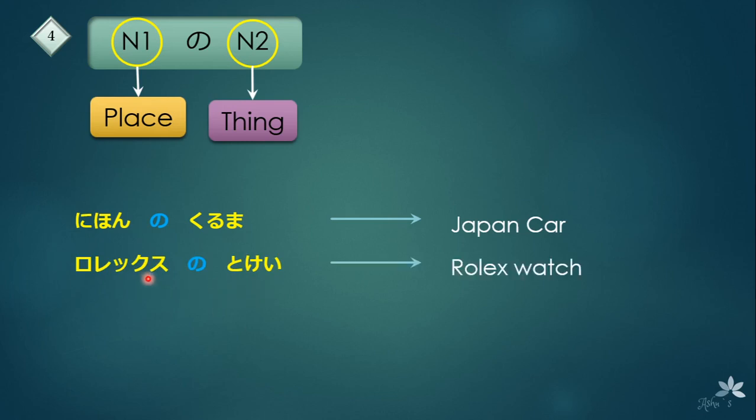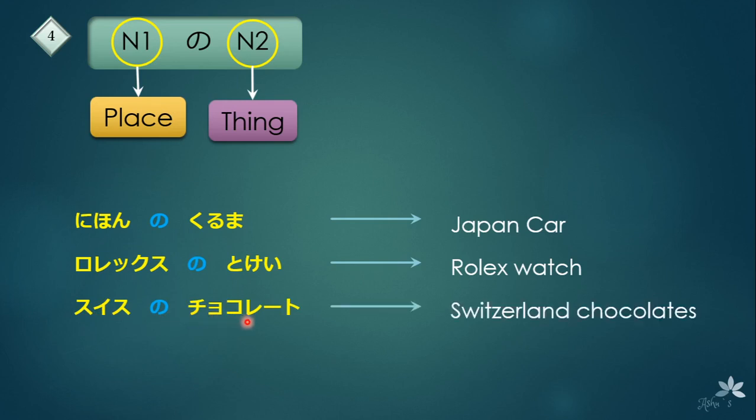Now here we are saying that this watch is a make of this company. Suisu no chocoreto means Switzerland chocolates. So we are talking about chocolates made in Switzerland. So hope you understood how to use no in this case, N1 no N2.